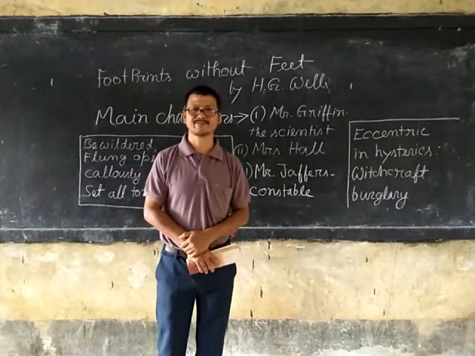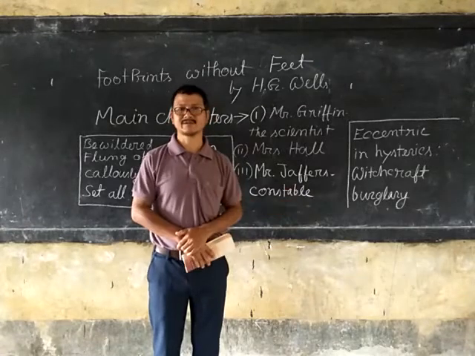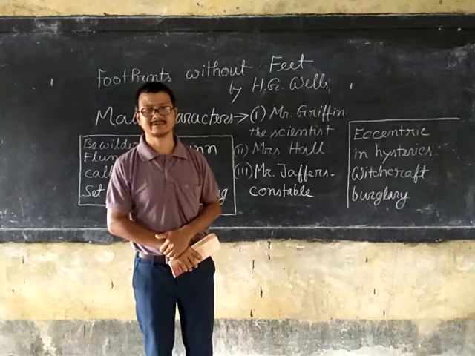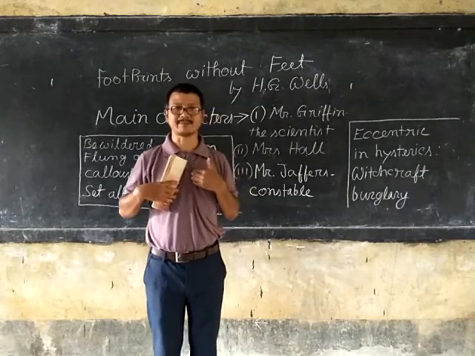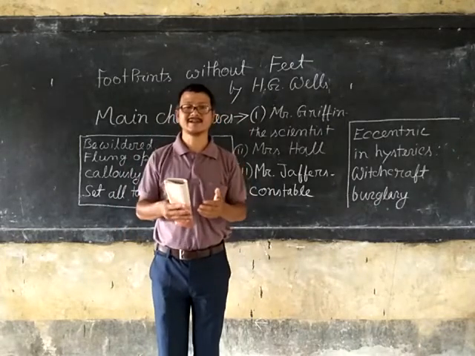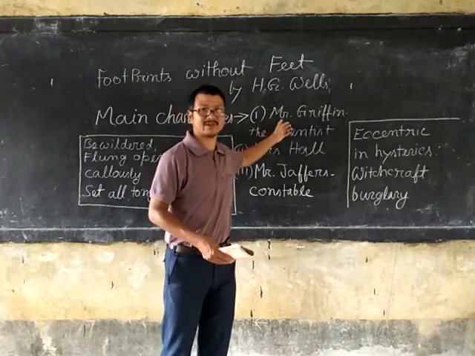Now the question is, from where did these footprints of an invisible man come? These two boys did not know. But we, the readers of the story, know that these are the footmarks of the scientist Mr. Griffin.